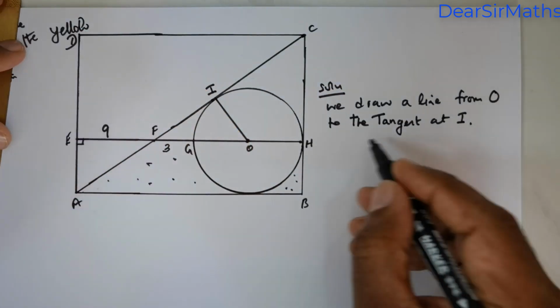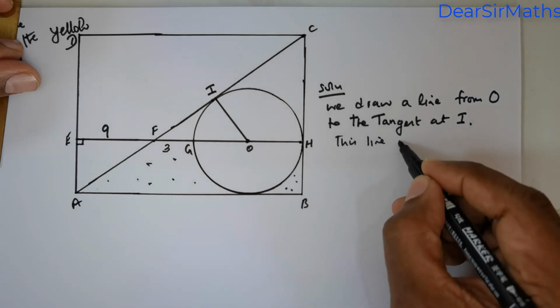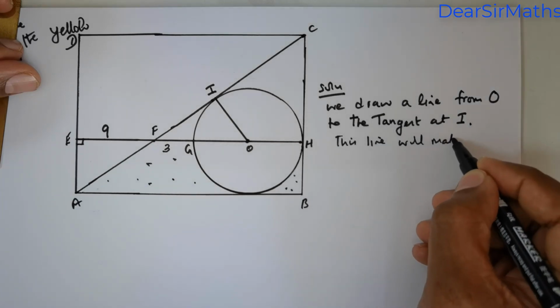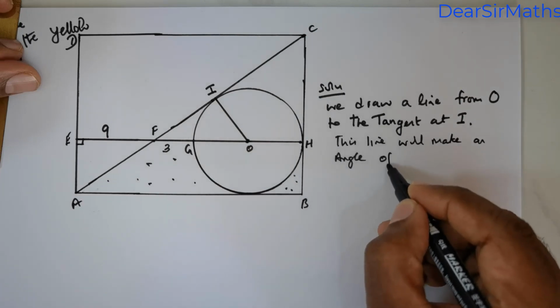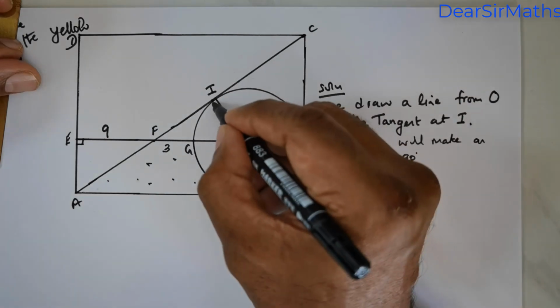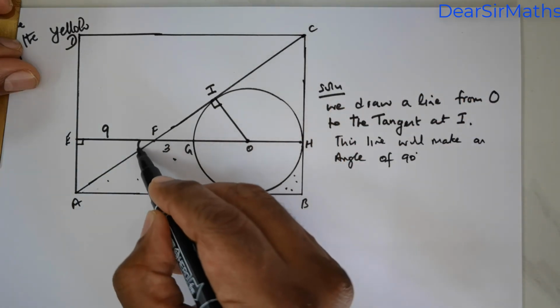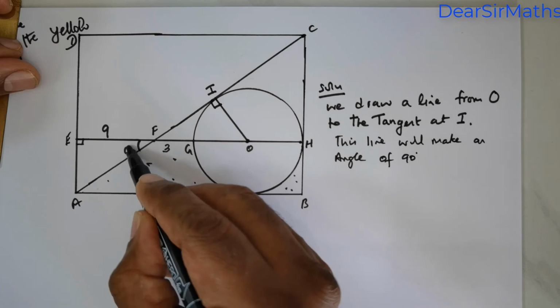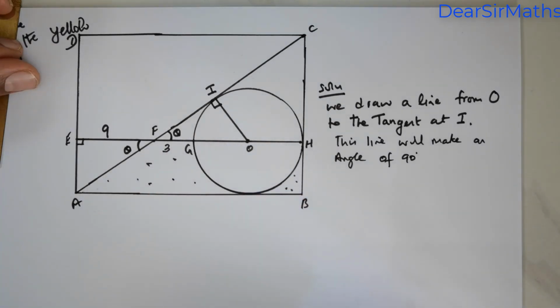Now this line will make an angle of 90 degrees. So this is going to be making an angle of 90 degrees. Now if I were to take this angle as theta, this would also be theta.